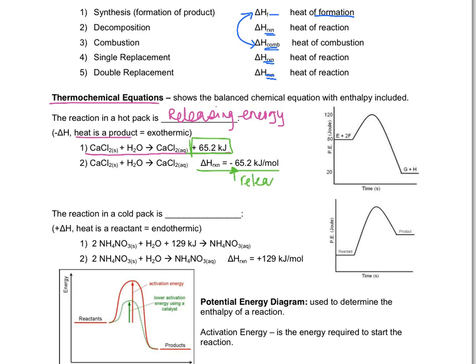Remember, we use the positive and negative signs to indicate that. In a chemical reaction, values written as products are always positive. So in this case, we don't put the negative sign because we're showing it as a product. That's the difference. As a product, it's written positively. But if we write it outside of the equation, we include that negative sign to make sure people understand that it was released.